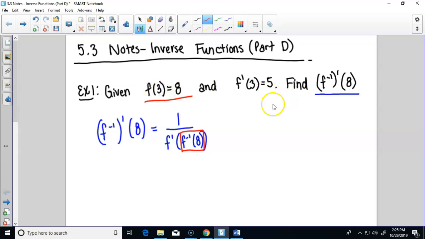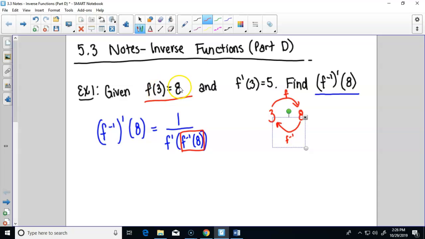So for f, 3 is your x and 8 is your y. So here, for the inverse, 8 is our x, which means 3 would be the y that would go with that, right? So if we plug in 3, it gives us 8.